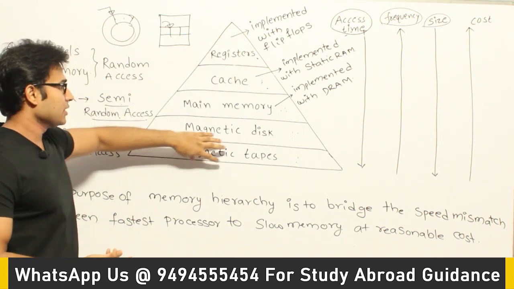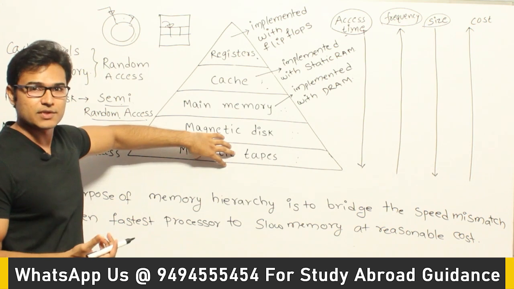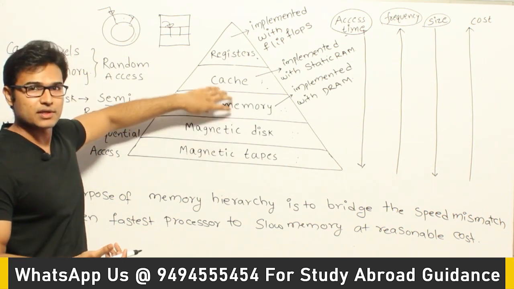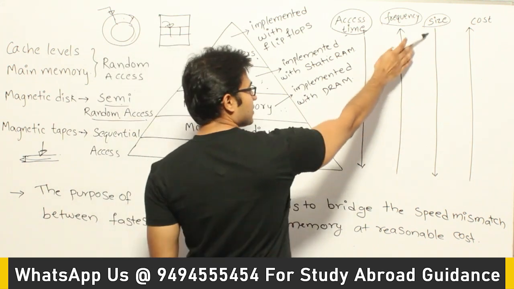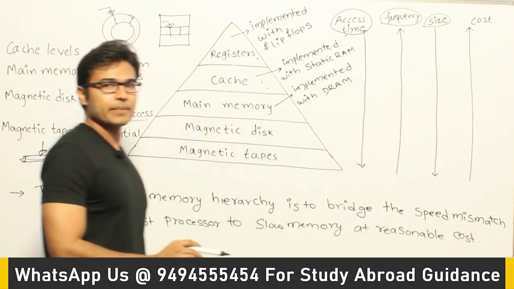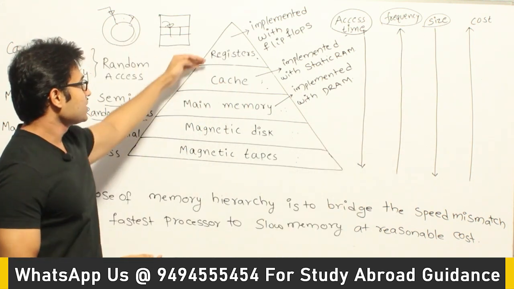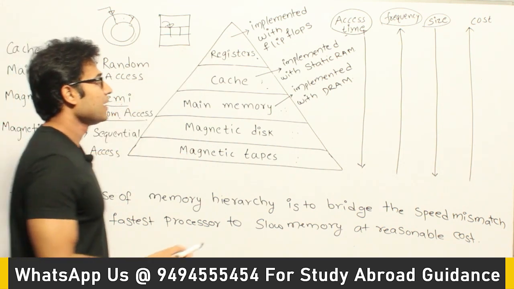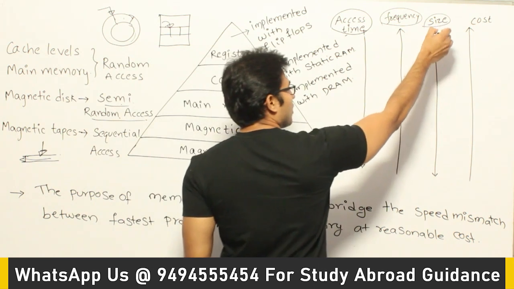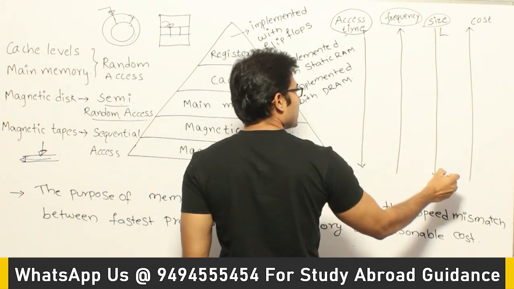Therefore the size of magnetic tapes will be highest because it is cheapest, and then this one will be next highest, and so on. So size increases down the lane: the size of this one is least and the size of this one is highest.